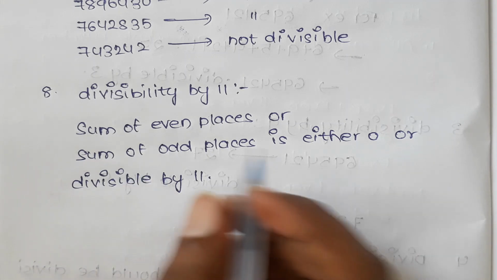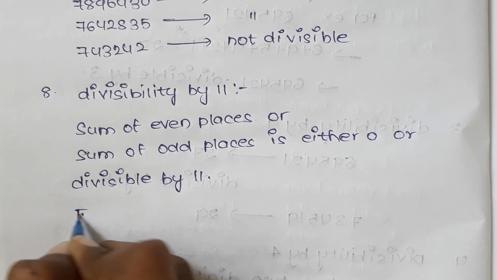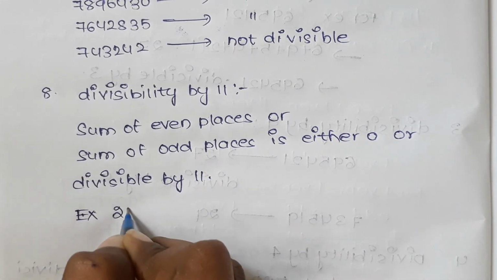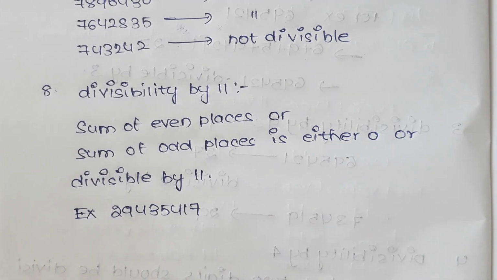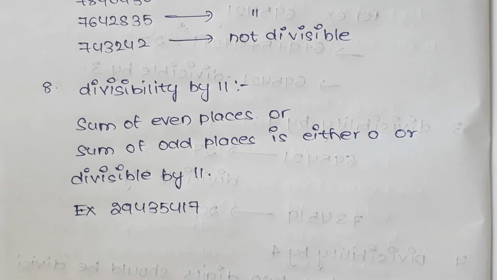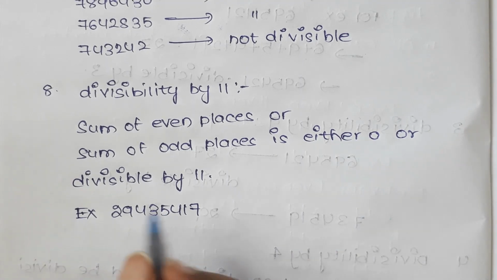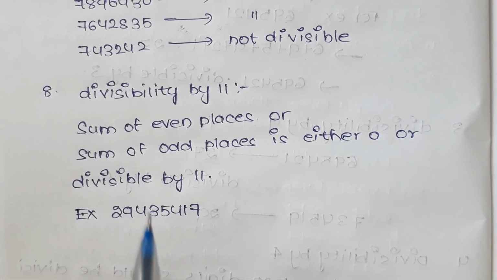Here consider a number, that is 29435417. Here in this, let us do the sum of even places and odd places.